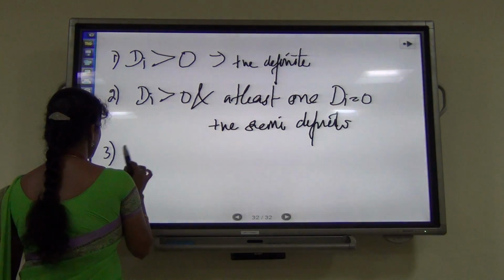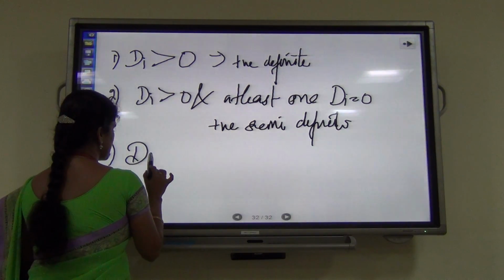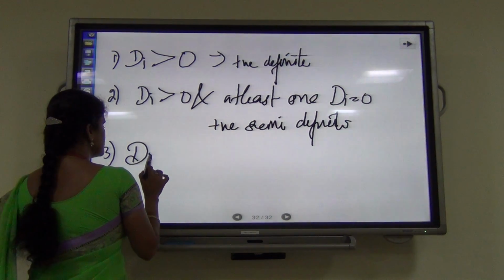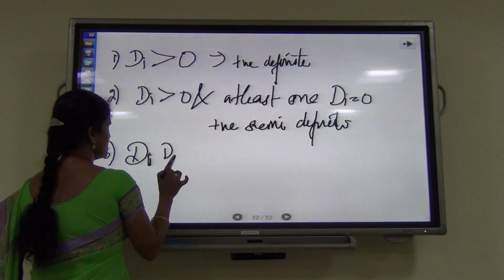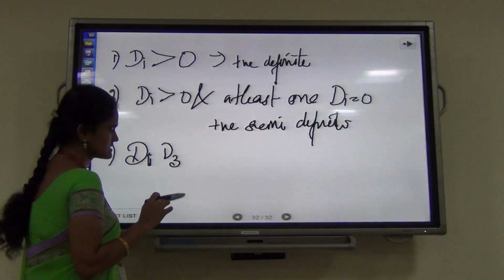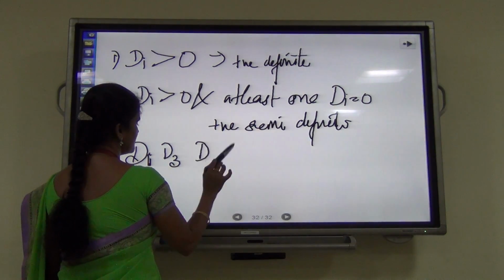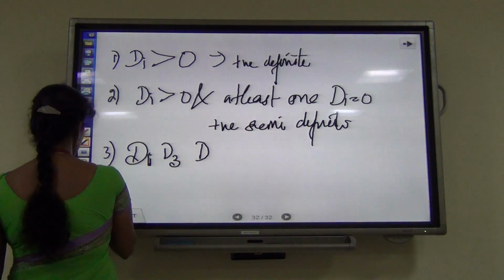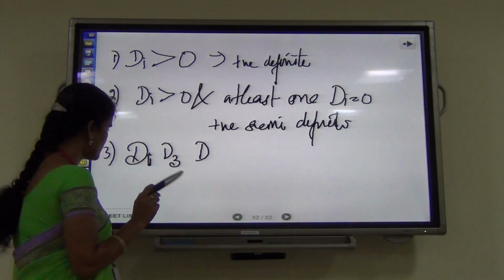Third case, the odd suffixes D1, D3, D5, etc. Here there will be a possibility of finding only D1, D3.